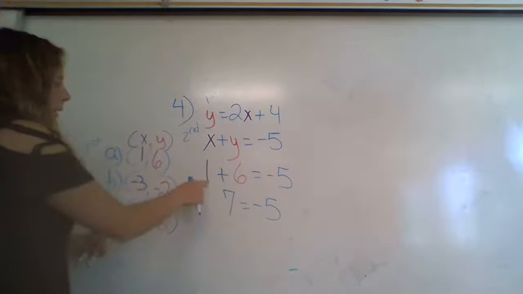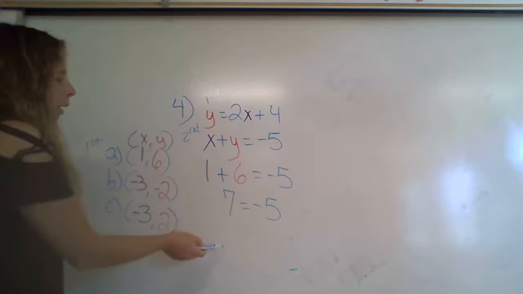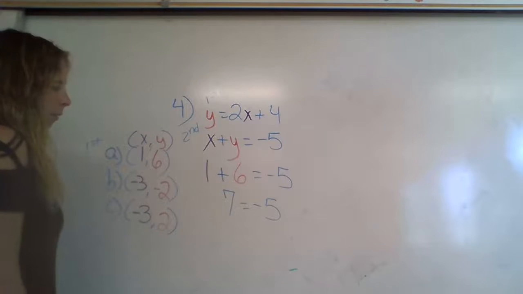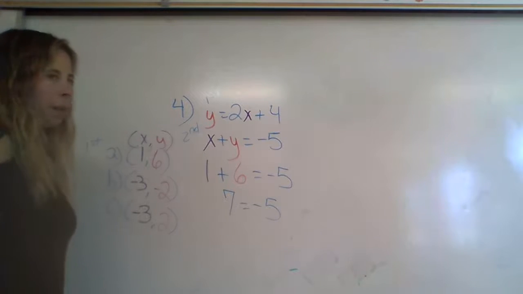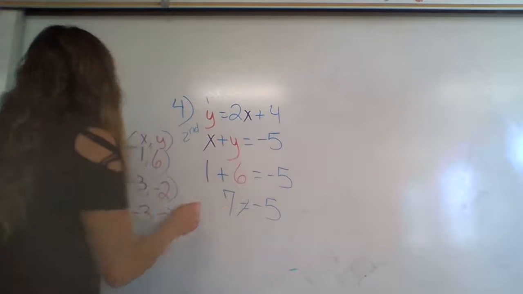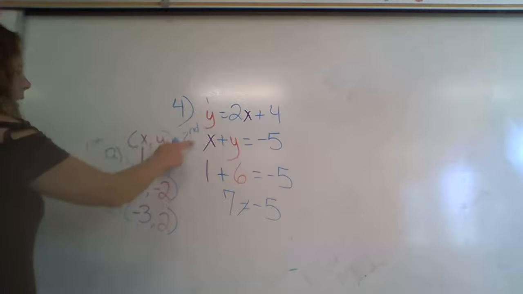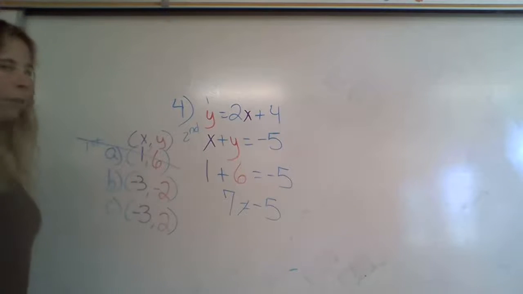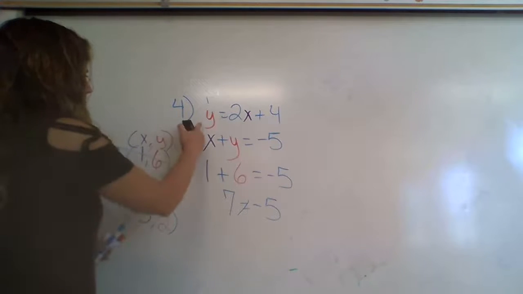Okay. 7 equals -5. Is this a true statement? No, 7 and -5 are very different numbers. So the first point worked here. It did not work here. So that's out. That is not the solution to the system of equations.